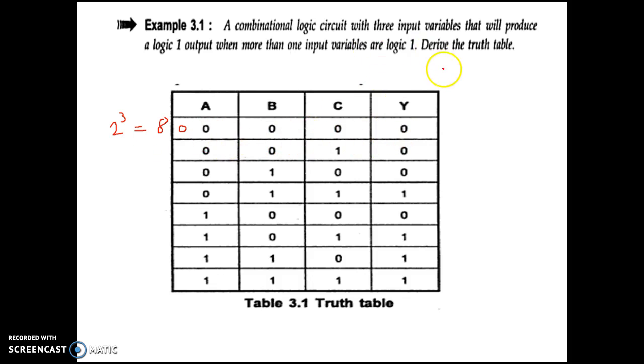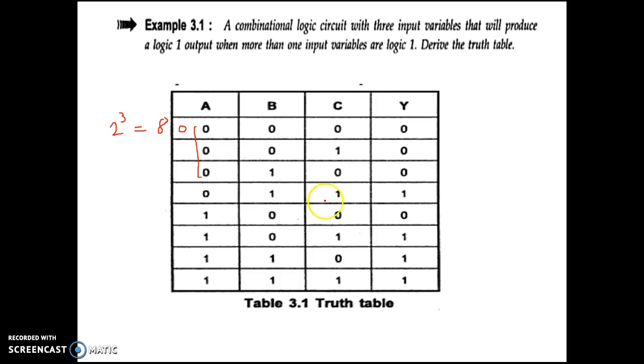In the truth table it is 0 because the said statement is false. Similarly it is also false here, because it will produce logic 1 output only when more than one variable is logic 1. So in these cases it is false.